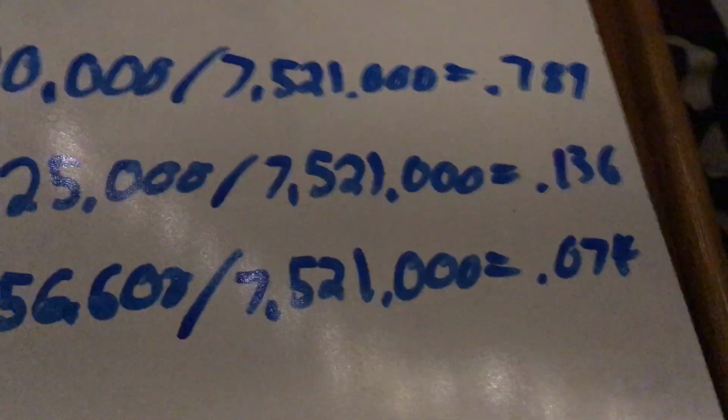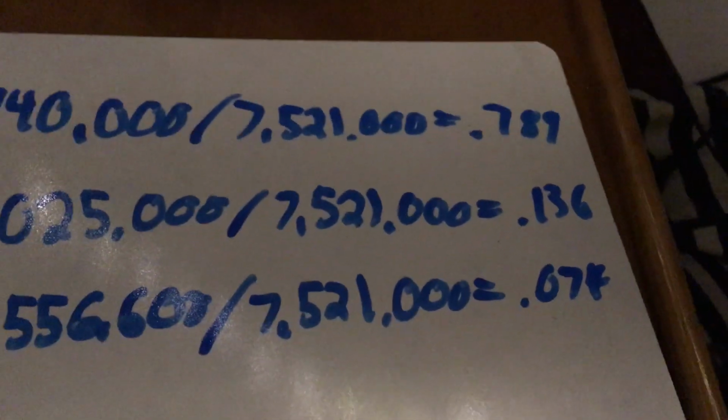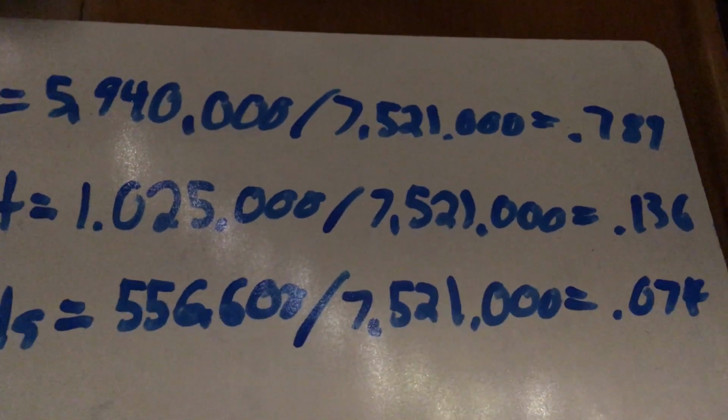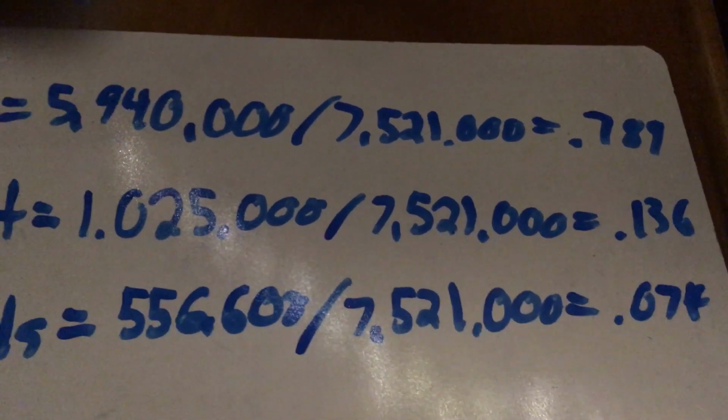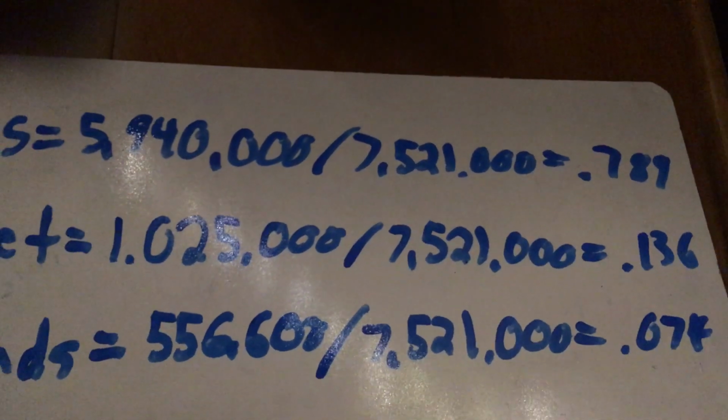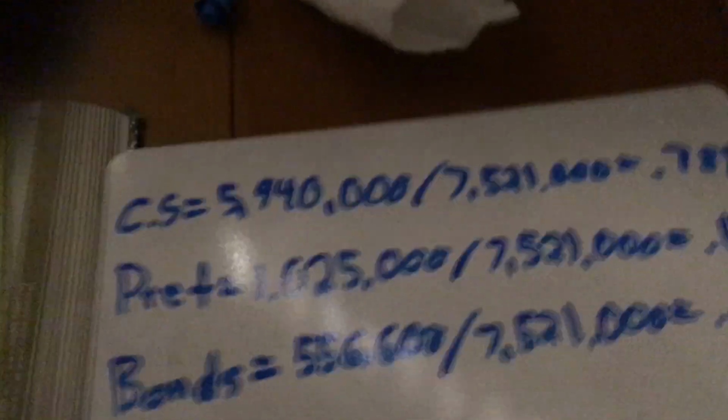So with this information and then the information on the cost of each of these types of financing, you would multiply those together to get the weighted averages. Then you add the three together, you get your weighted average cost of capital.